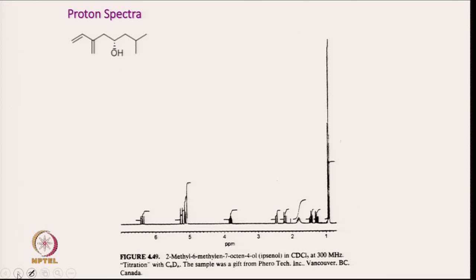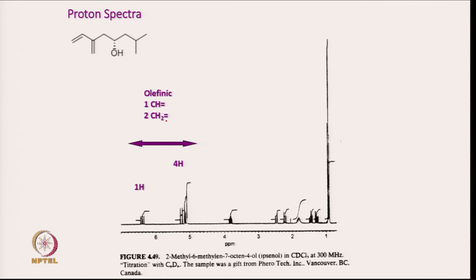Now, look at its proton spectrum. This is your proton spectrum of this compound. If you go by intensity ratio, this will correspond to 1H, this will correspond to 4H, and since they are at higher chemical shift, they can be assigned as olefinic CH, and CH2 double bond.